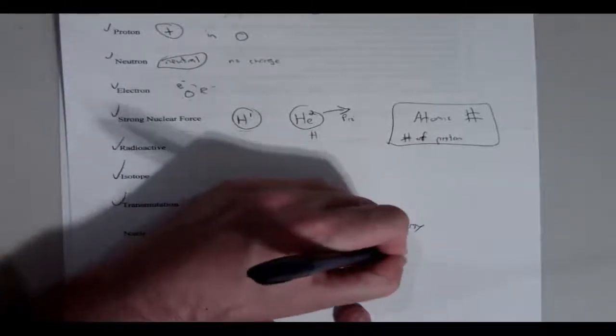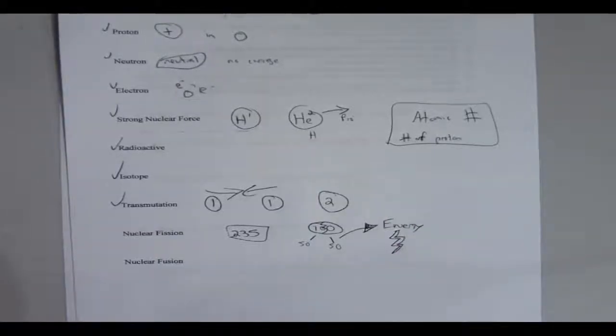Energy! Lightning bolt. It's from a LARPing game. So, it releases a ton of energy. This is a version of a bomb, a fission bomb, right? And it releases a lot of energy. A lot, right?